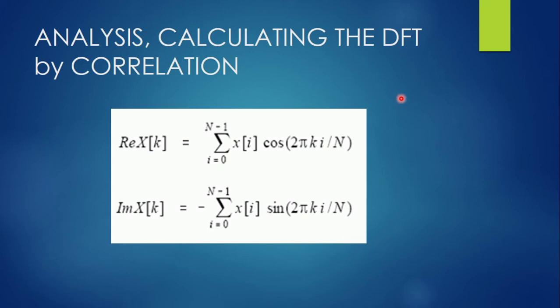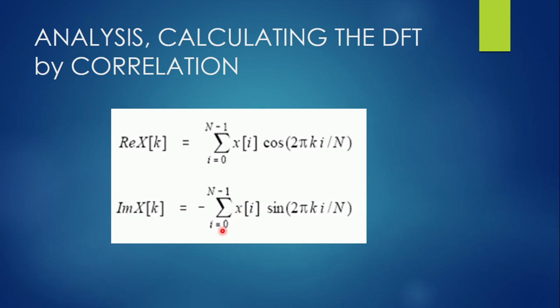Now we come to the analysis equation. That signal that has to be analyzed is multiplied by that cosine and summed up over all the points. Point to point multiplication, then all points are summed up to get one value, one amplitude.